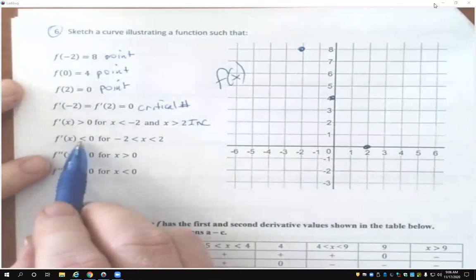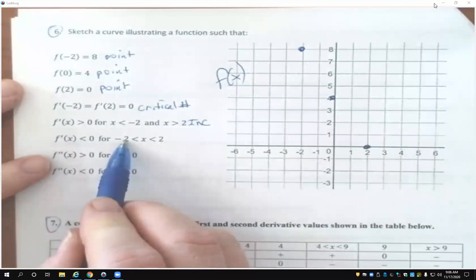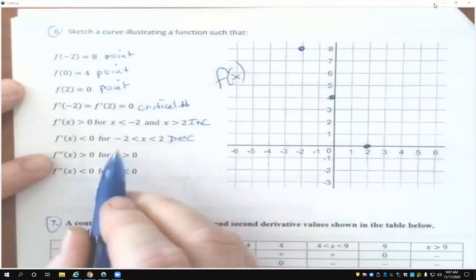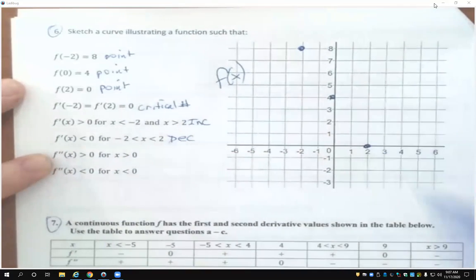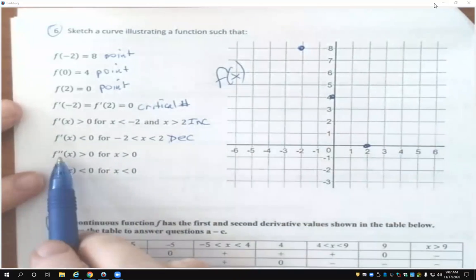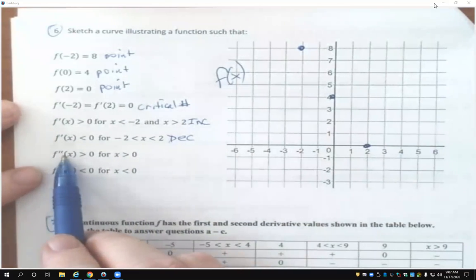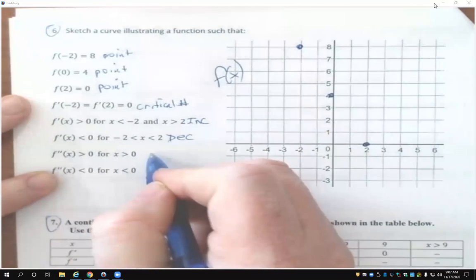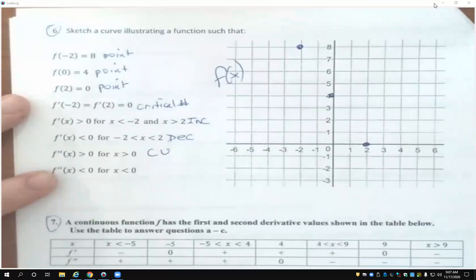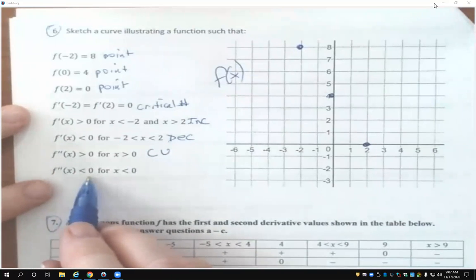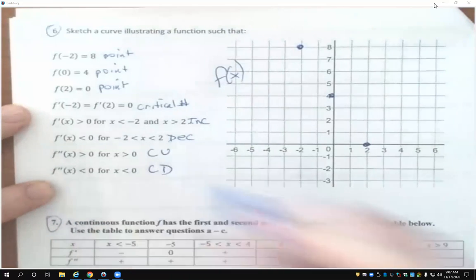When f prime is negative, between -2 and 2, f is decreasing. So I'm decreasing from -2 to +2. F double prime talks about concavity. When f double prime is positive, I'm concave up. Okay? And when f double prime is negative, I am concave down.